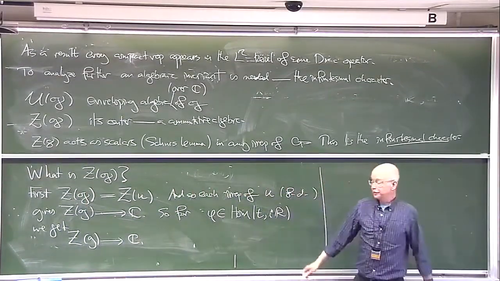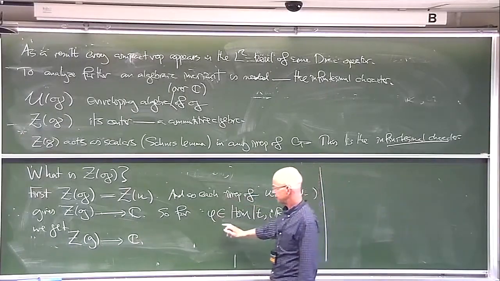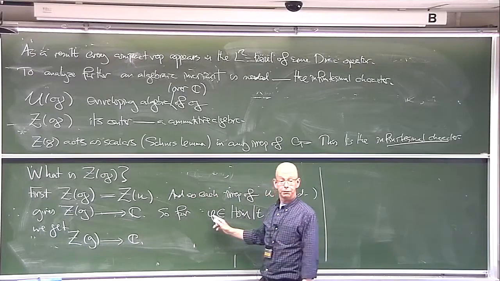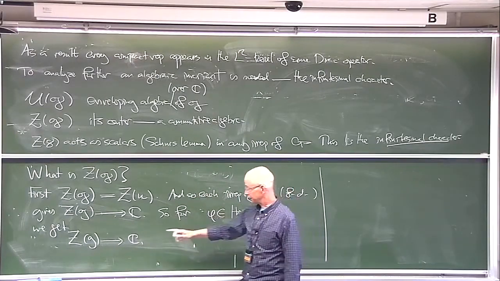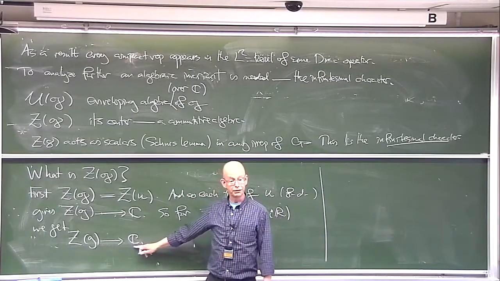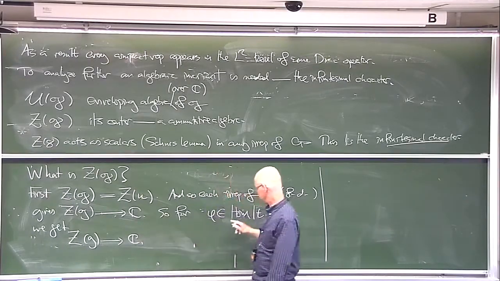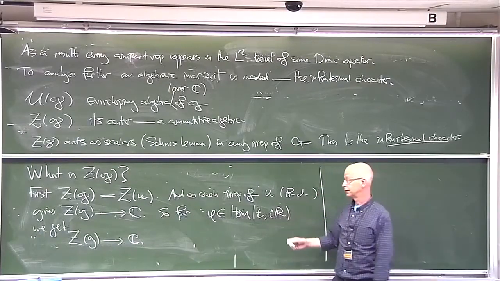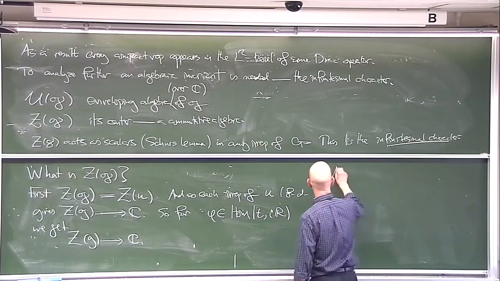And what you can check is very easy. It follows from Weyl's formula that the dependence of this character on phi is polynomial. In other words, if you fix an element in the center here and vary phi, what you get is a polynomial function defined initially just on the lattice, but you can extend it.